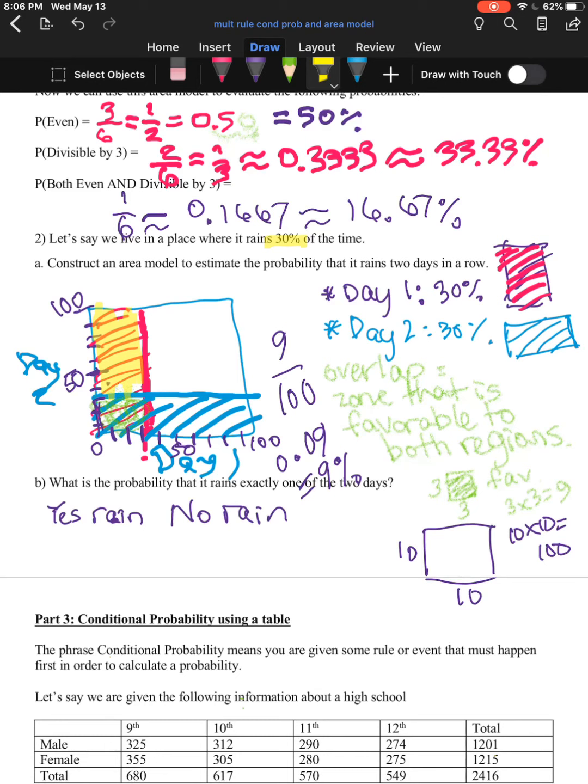So that zone happens to be 3 units by 7 units, which is 21 out of 100, which is 0.21, which is 21%.